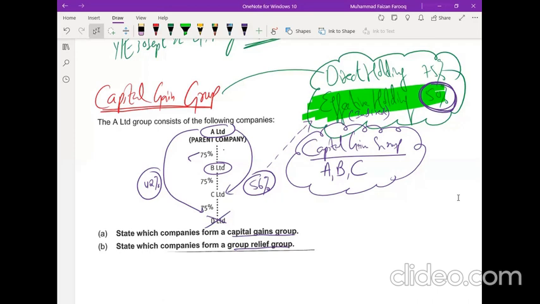Capital losses arise in the CGT chapter for companies. After indexation allowance, if there is a negative answer, it is known as a capital loss. A, B, and C are the group members for capital gains, and they are allowed to share their losses amongst each other. Please note it down and ask me if you have any questions.